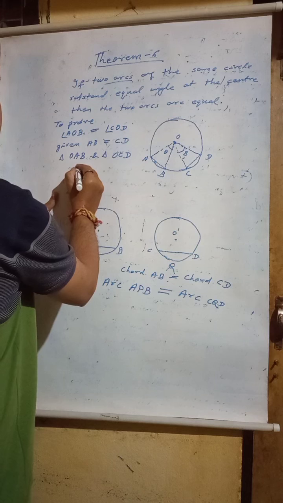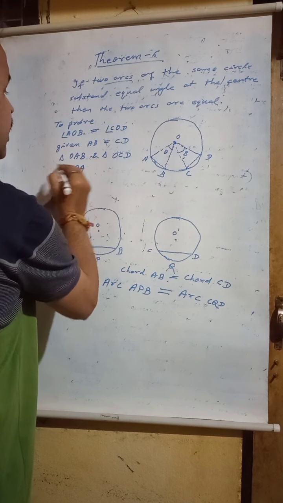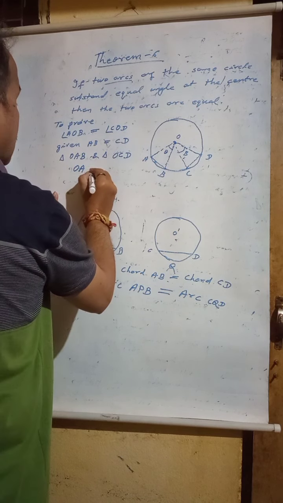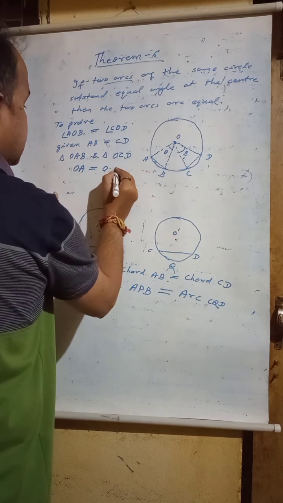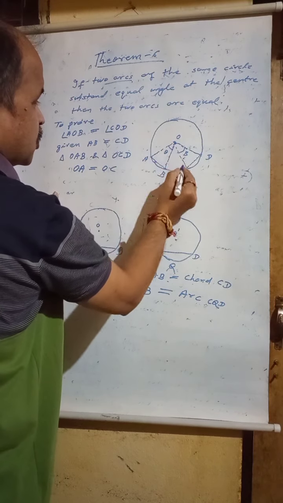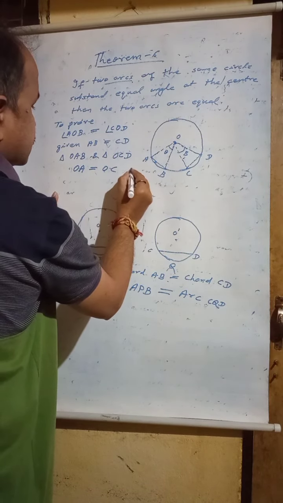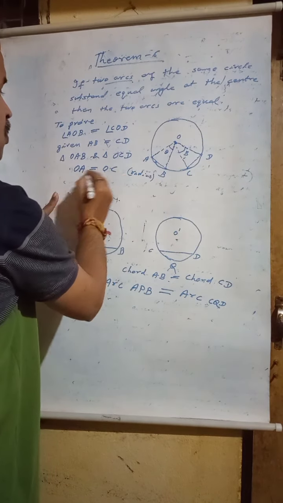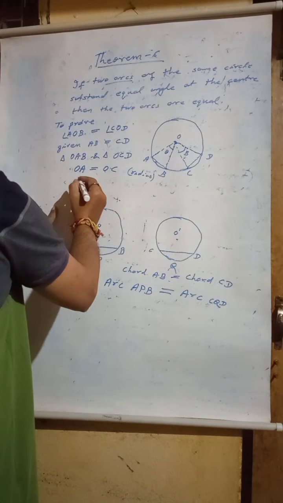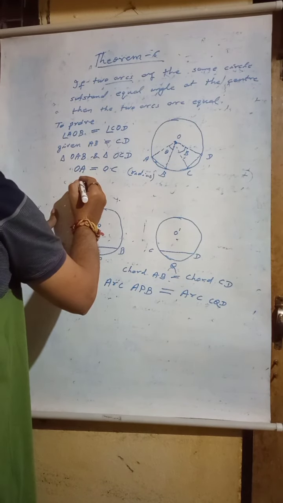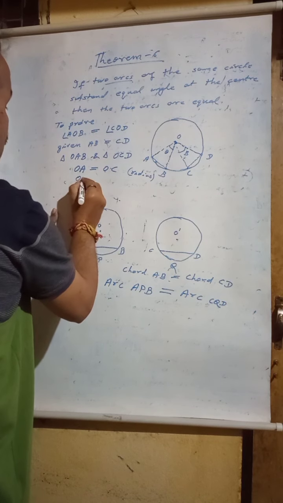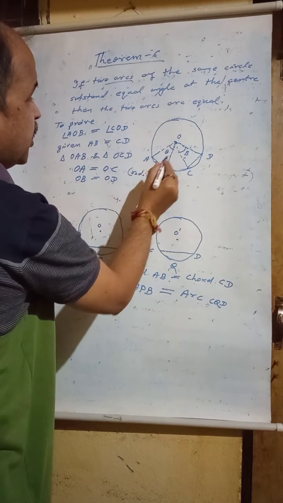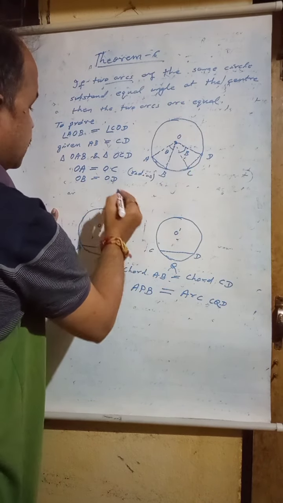In these two triangles, what is given? OA equal to OC. Why? Radius. Then OB equal to OD.